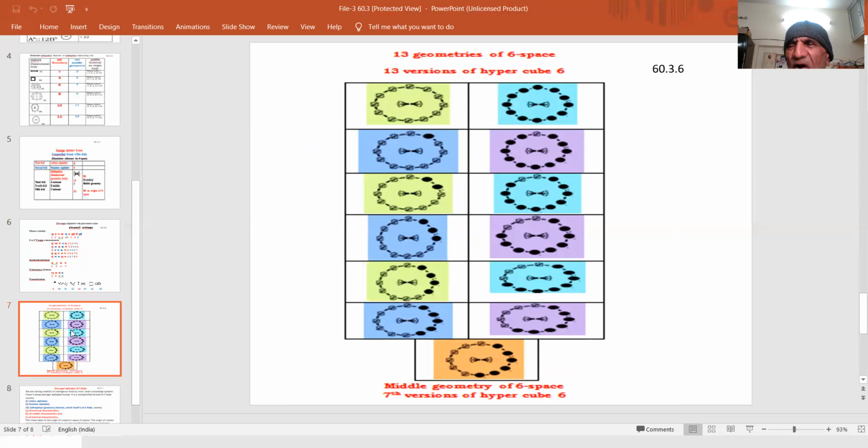processing steps. Of the further Sathapatya processing steps, the central part is the middle geometry. On the computer screen are 13 versions of Hypercube 6. Hypercube 6 is the representative regular body of 6 space in 4 space. Domain boundary ratio is a raised to power 6 is to 12 b raised to power 5.